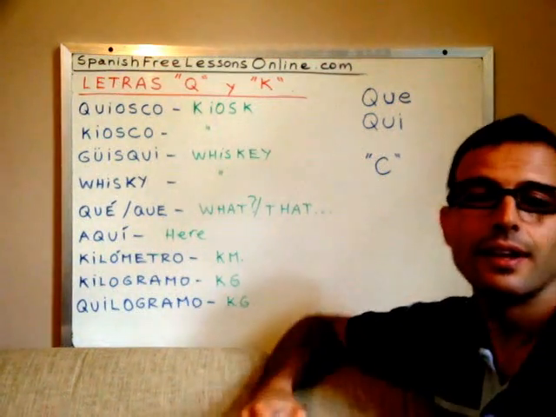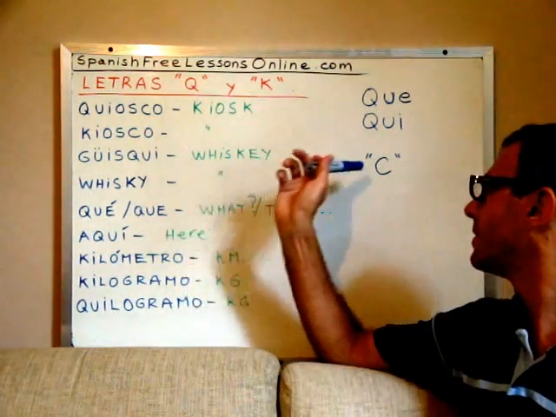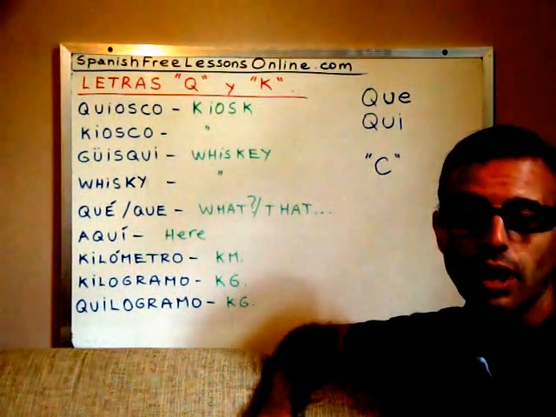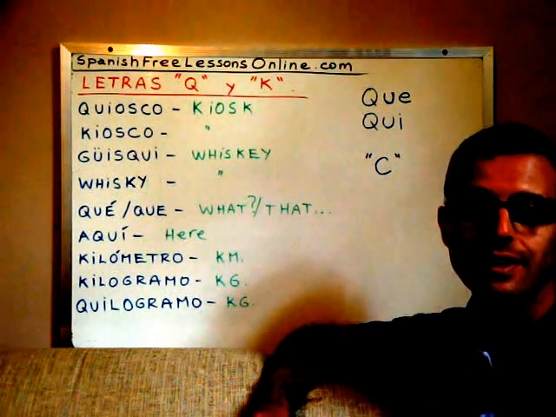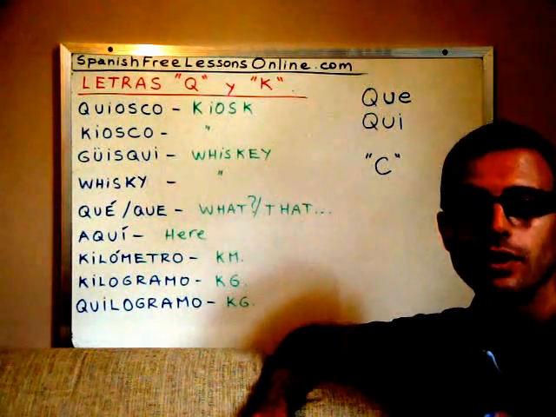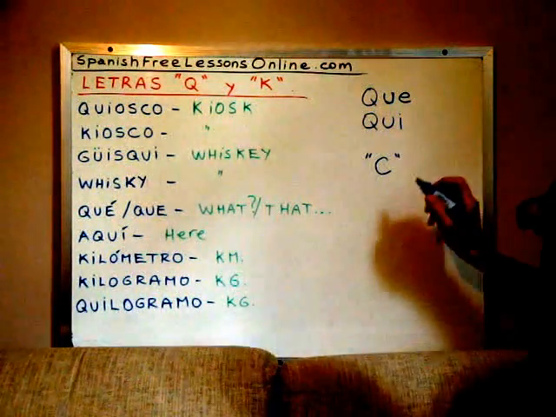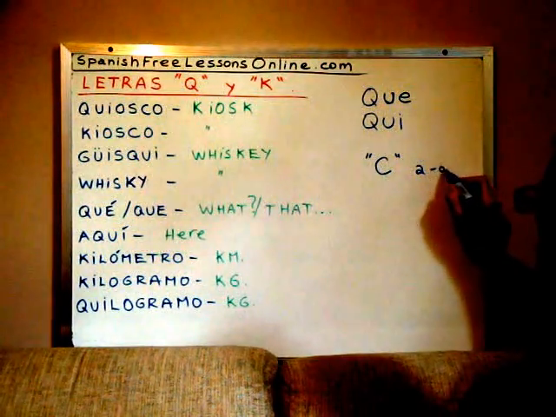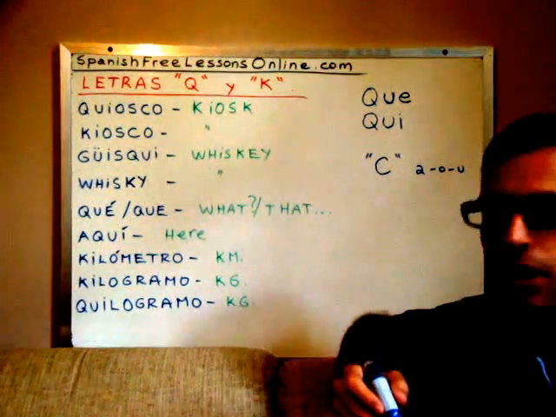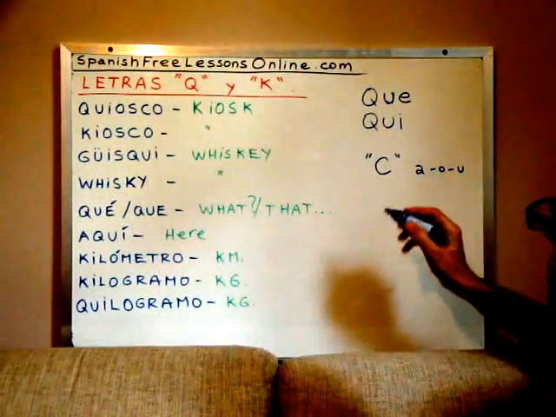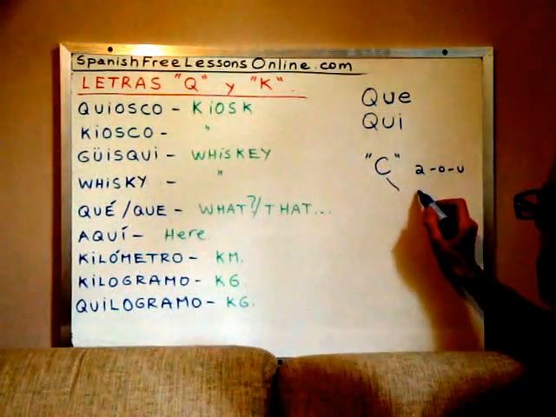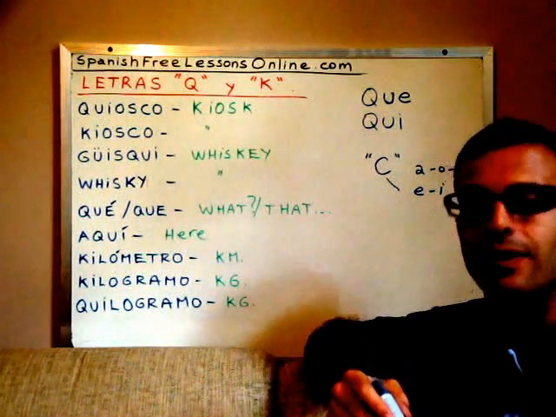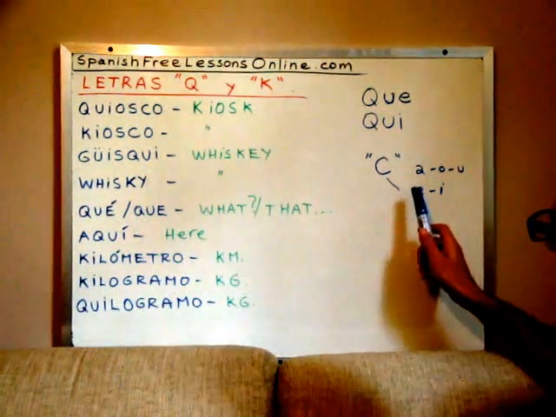The same as in English, letra C can have two sounds, S or K, right? So when letter C is followed by A, O, or U, it has the K sound. When letter C is followed by letters E or I, it has an S sound, okay?